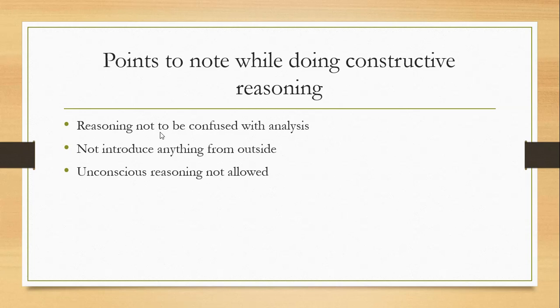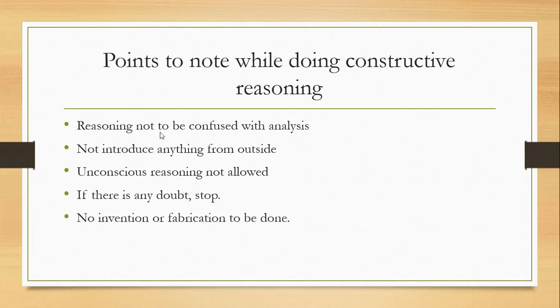Okay, so unconscious reasoning or bias is not allowed in constructive reasoning. If there is any doubt, you should stop your reasoning. You can't fill a gap just because you're not very sure of the fact. No invention or fabrication should be done.